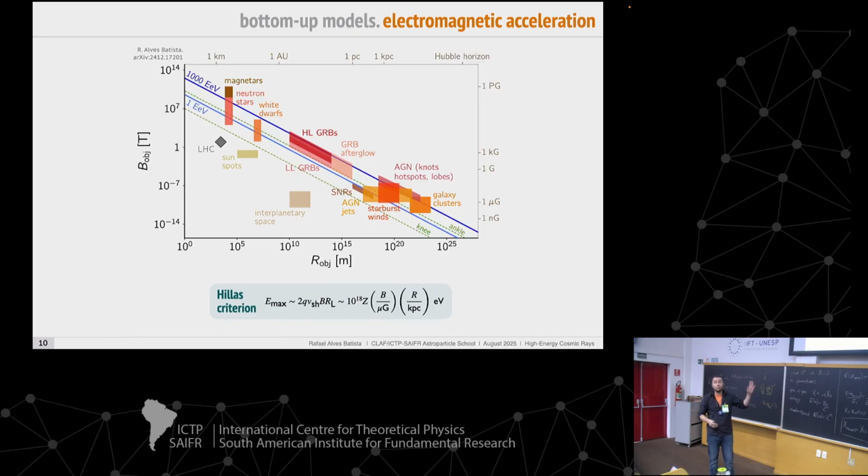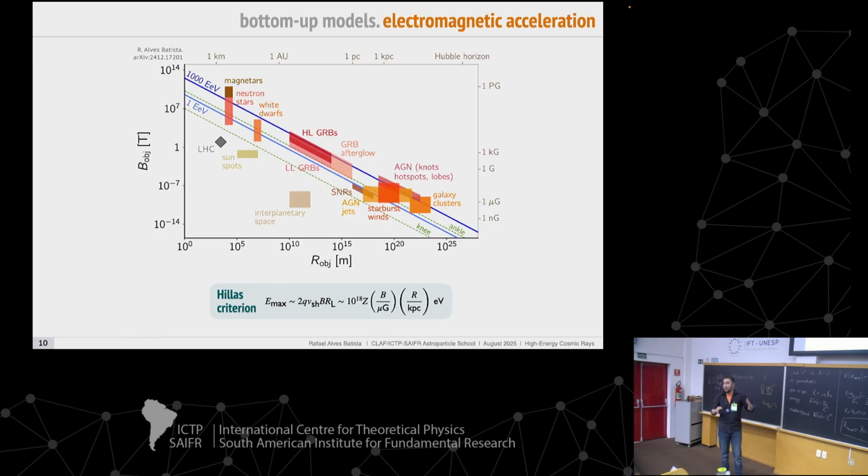This is, once again, a very simple toy model. It captures the main features, and it tells us the maximum energy to which an object can accelerate a particle. If we want the particle to stay trapped a little longer to gain more energy, we would need a larger magnetic field, for example, or conversely, a smaller radius.